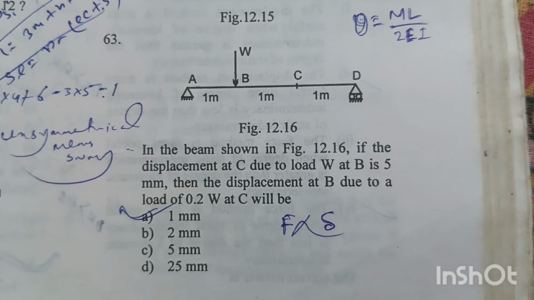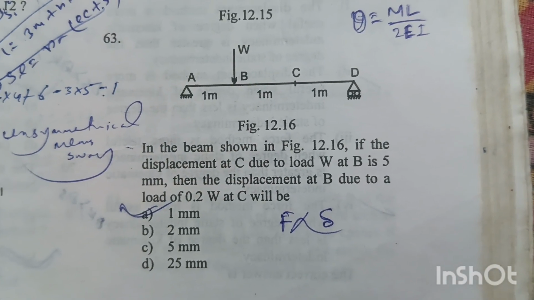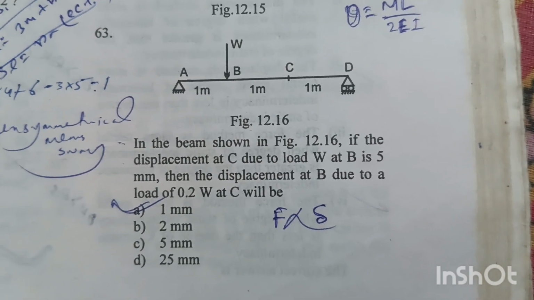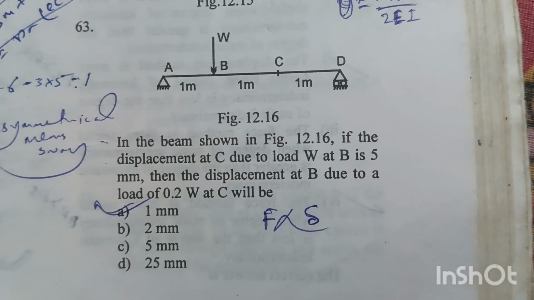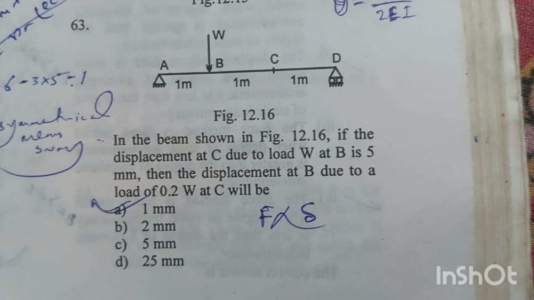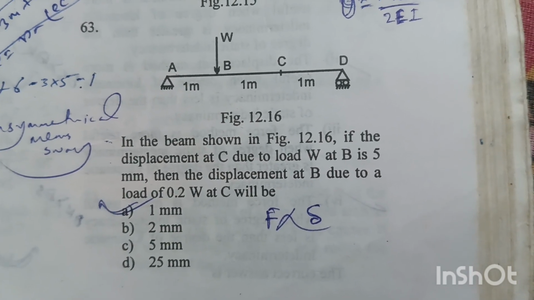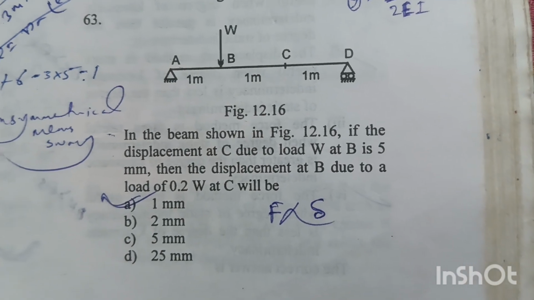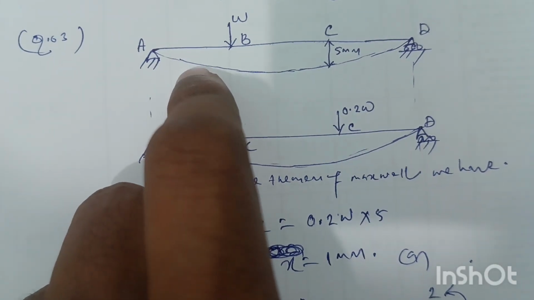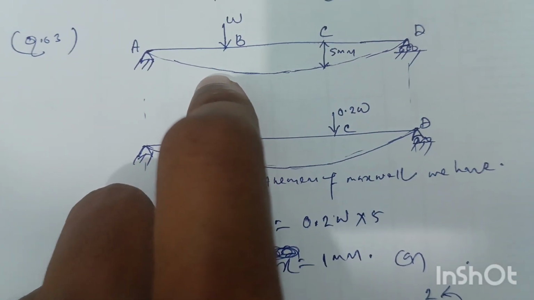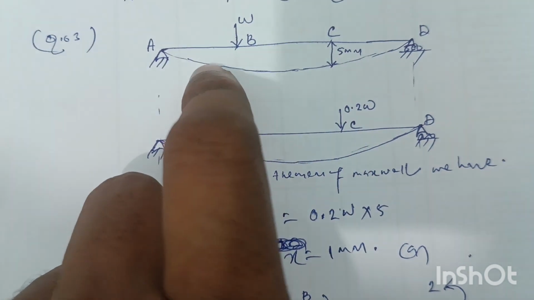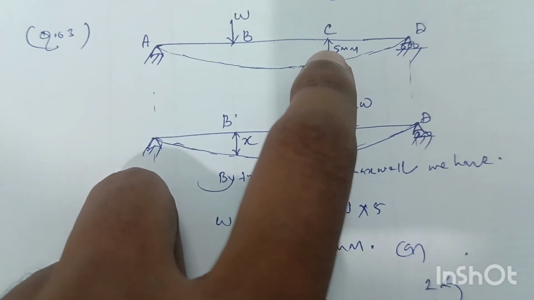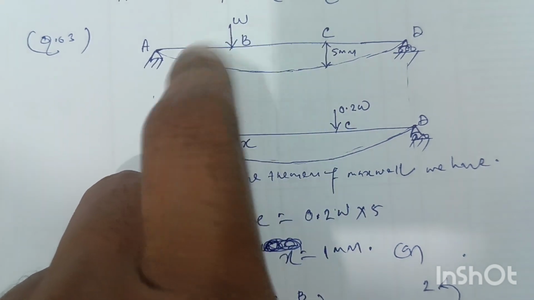Question number 63. In the beam shown in figure 12.16, if the displacement at C due to load W at B is 5 mm, then the displacement at B due to a load of 0.2 W at C will be. As per the question, suppose this is the simply supported beam AD, and this is coordinate B and this is coordinate C. Coordinate means the node point.